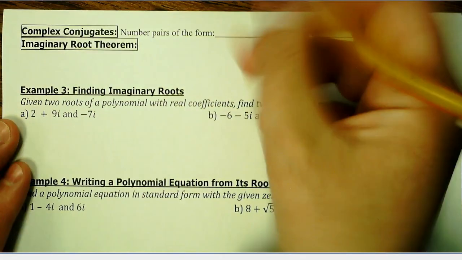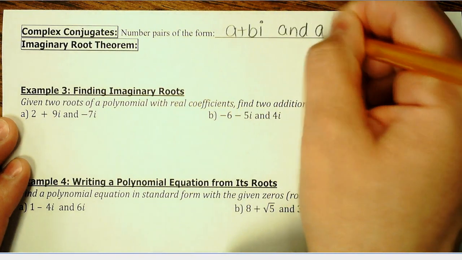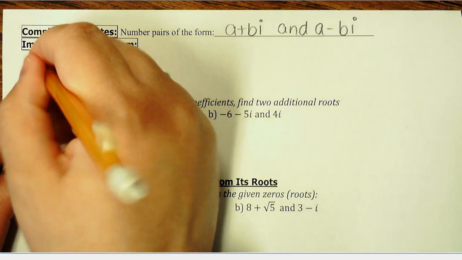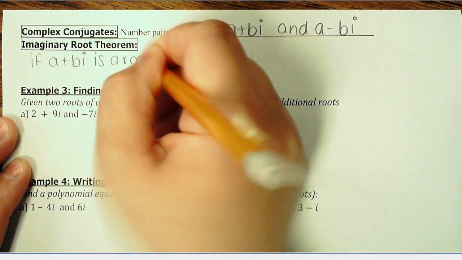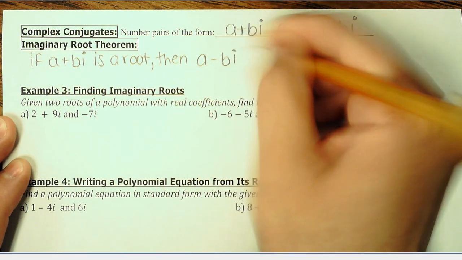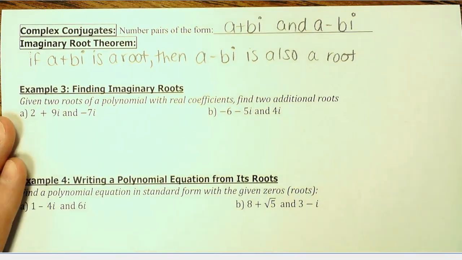So for complex conjugates, you have a plus bi and a minus bi. And the imaginary root theorem is going to say if a plus bi is a root, or a zero, or an answer, then a minus bi is also a root. So if you have one, you automatically have the other.